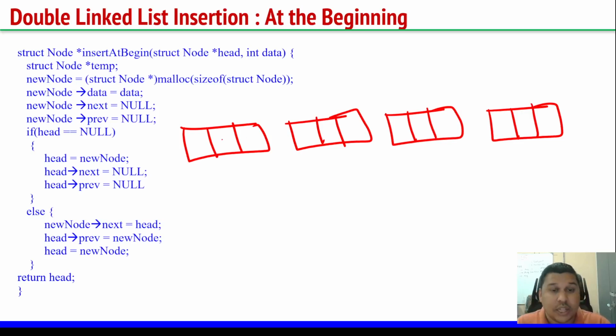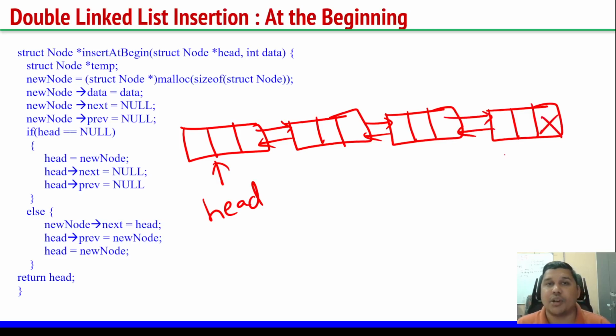So, we know that our head will be pointing here and there will be two chains, front and back. This will be definitely null because the last node's next pointer will be null and the head node's previous will be null, because it does not have any element here and it does not have any element here. Okay. So, let it contain 10, 20, 30, 40.